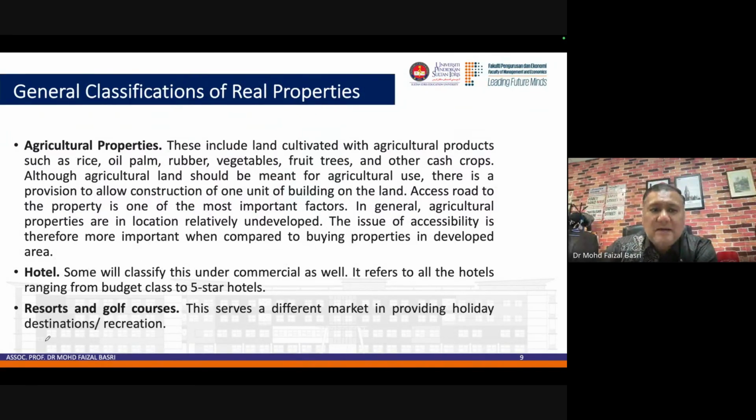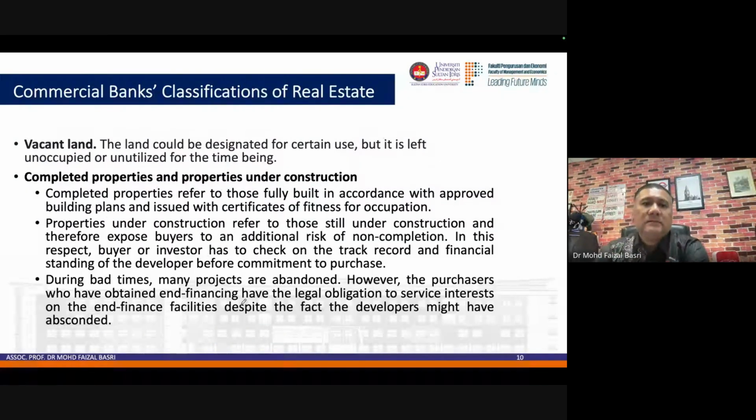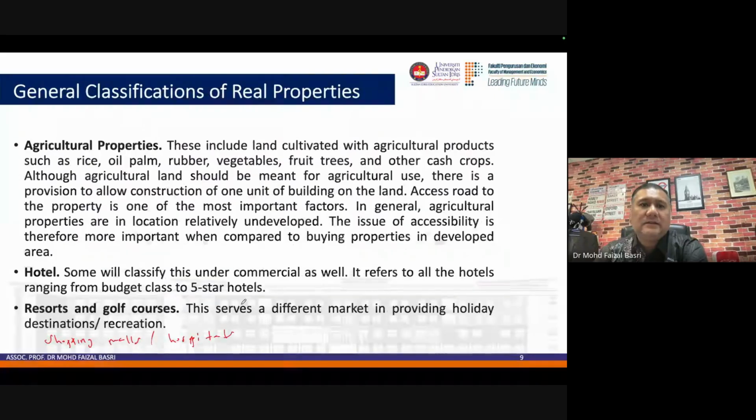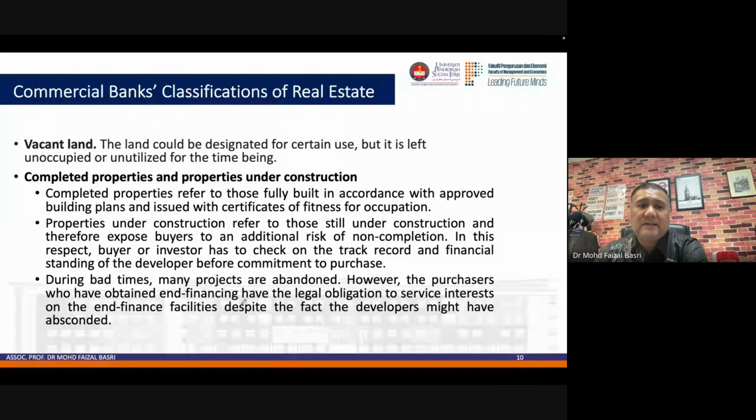Okay, boleh masuk lagi tambahan lain. Dan dia ada ini classification from banks punya perspektif, dia tak payahlah.